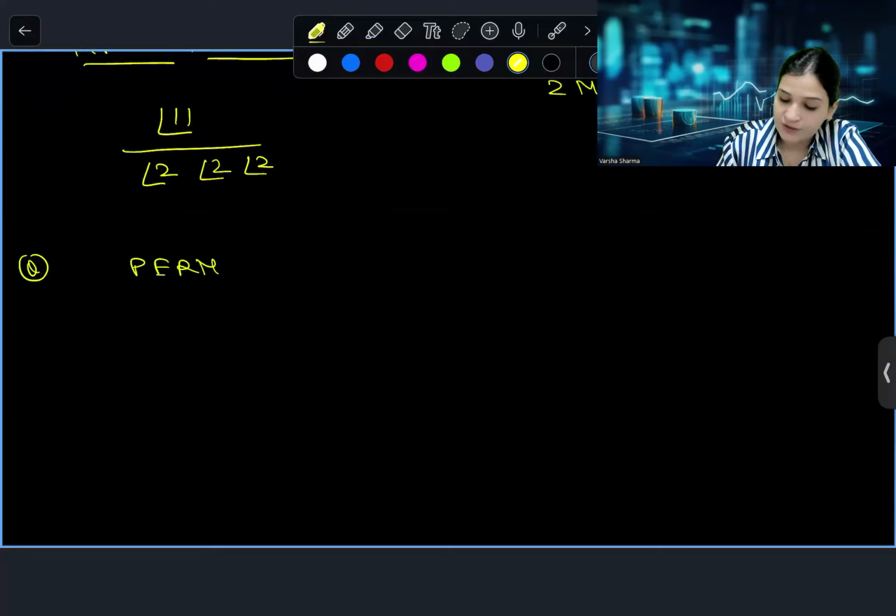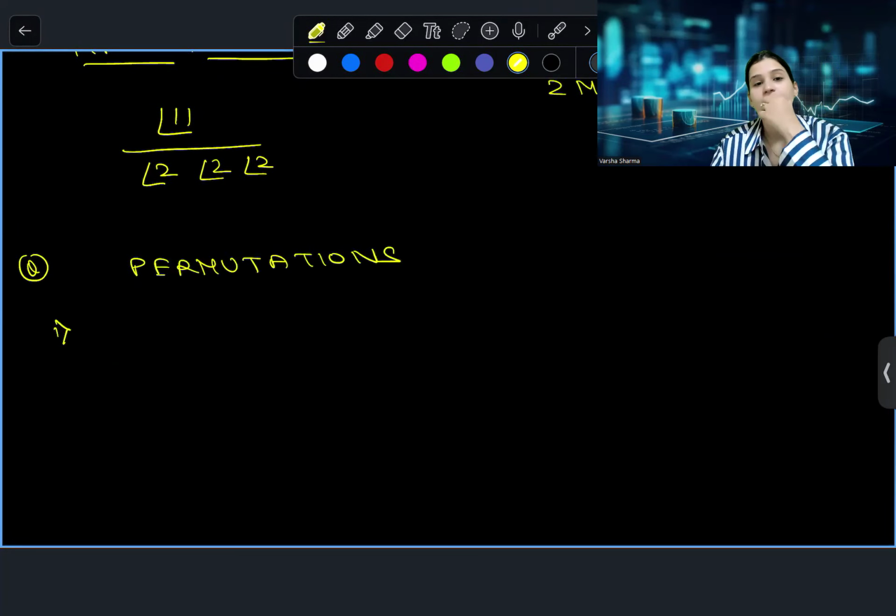Permutations. How many words can be formed by arranging the letters of the word permutations?